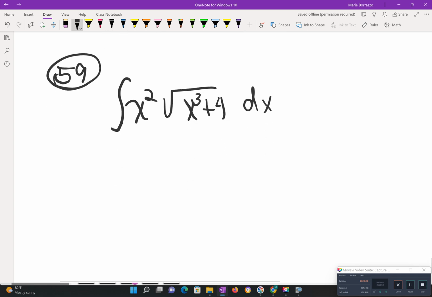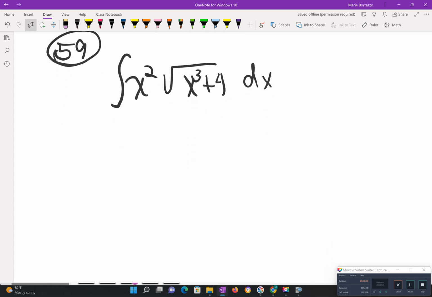So if we begin to take the antiderivative, first thing we're going to consider is that this piece, okay, so let's say u is equal to x cubed plus 4.